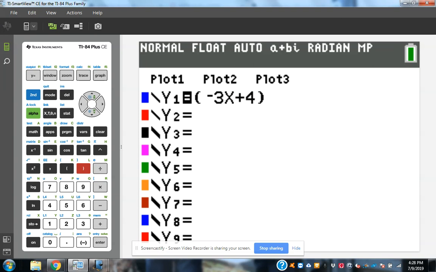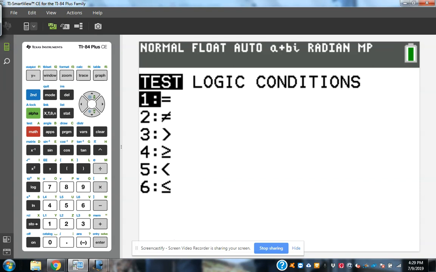All right. Then we hit the division symbol and open up another set of parentheses. This is where the inequality part goes, and this one says that x is less than or equal to -1. So I'm going to type that in: X, and then to get the less than or equal to symbol, I hit second, the math button.